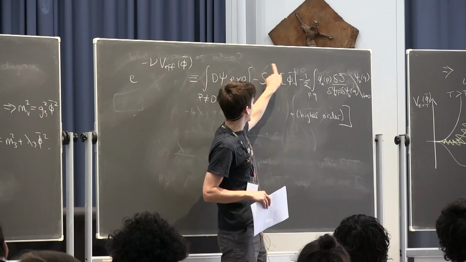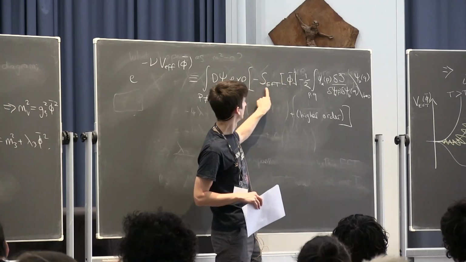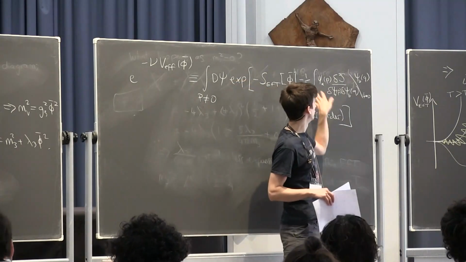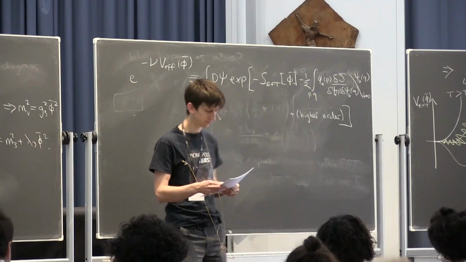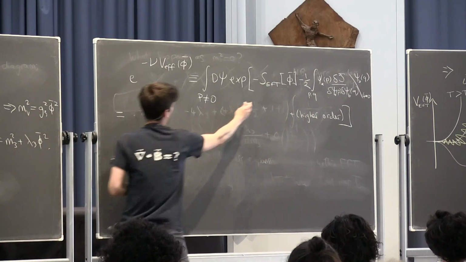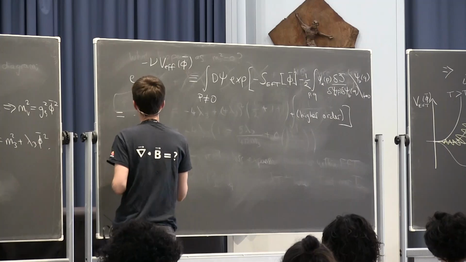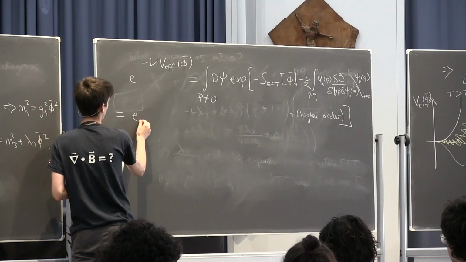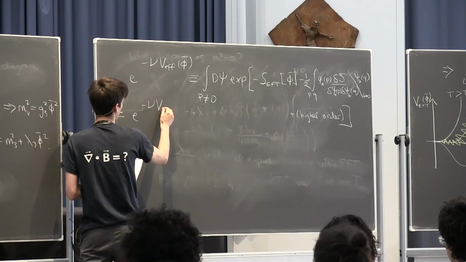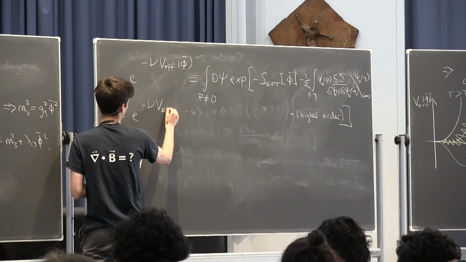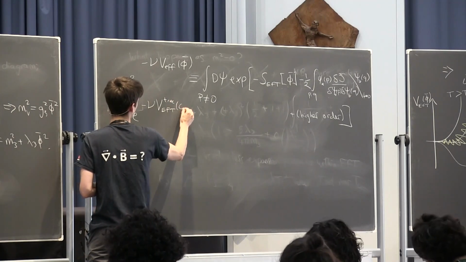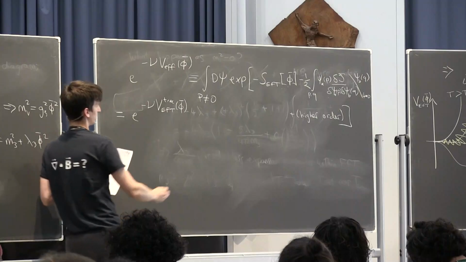Then I have a background part, which will be my background tree-level potential, and then I have loop corrections to that. The background part doesn't depend on the fluctuation, so I can pull it out. It's just equal to the space-time volume times my tree-level potential in my EFT. That's this first term.